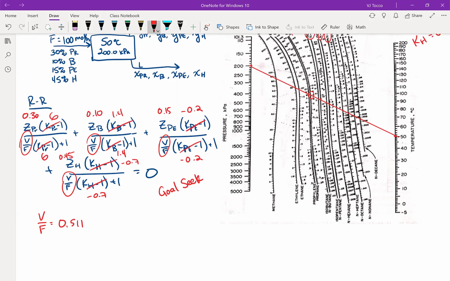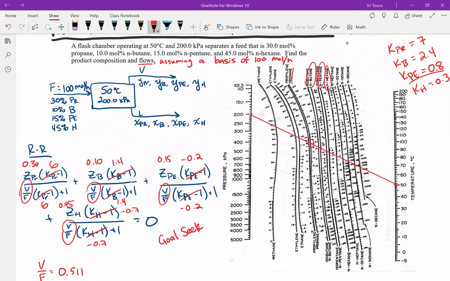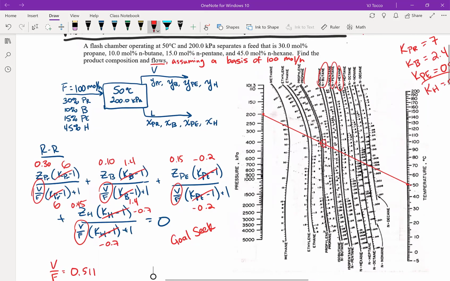Now, I want to make a point here that the answer that you get for V over F is extremely sensitive to the values that you get from reading this DePriester chart. In other words, if instead of reading 0.8 as my K for pentane, I had said, well, that's 0.7 or maybe 0.75, I might get a different answer here.